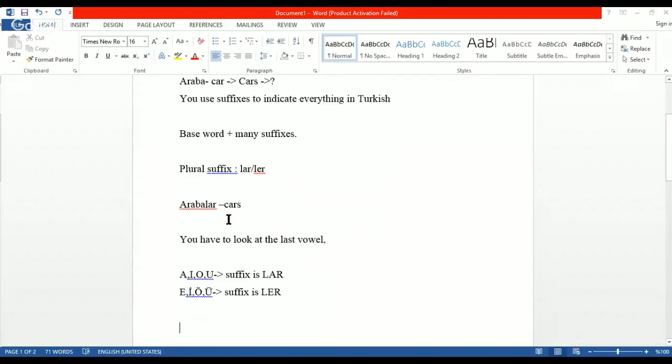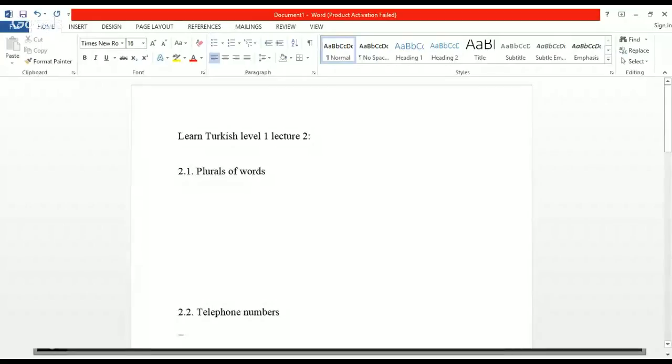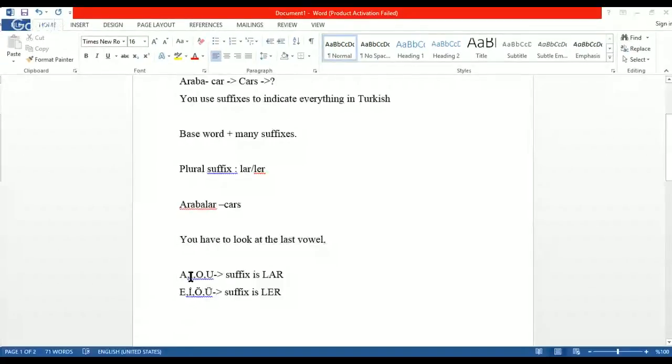As I said, the last vowel before I strung in the suffix was a, and because it's a, we choose lar: arabalar. Now let's try another word which contains e, i, ü, and that is ev, which means house.